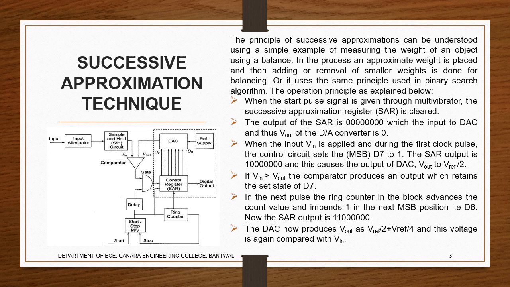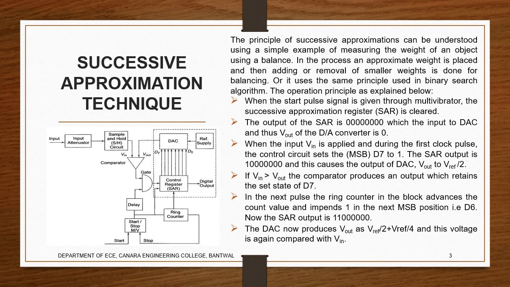So first, as I said, all the SAR registers are reset, so all the 8 bits will be 0, and the output Vout will be 0. Now I'll consider Vin as 1 volt.